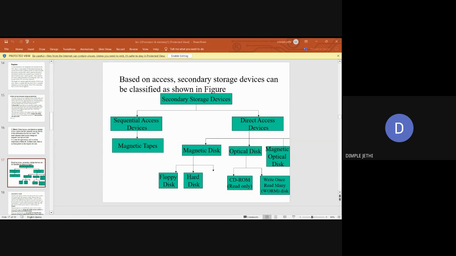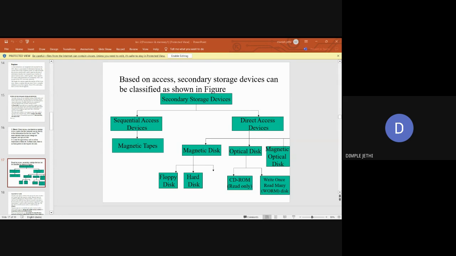You have to pass through record 1, 2, 3, 4, like that. You must have seen, earlier we used to have magnetic disk, that kind of audio cassettes and video cassettes.